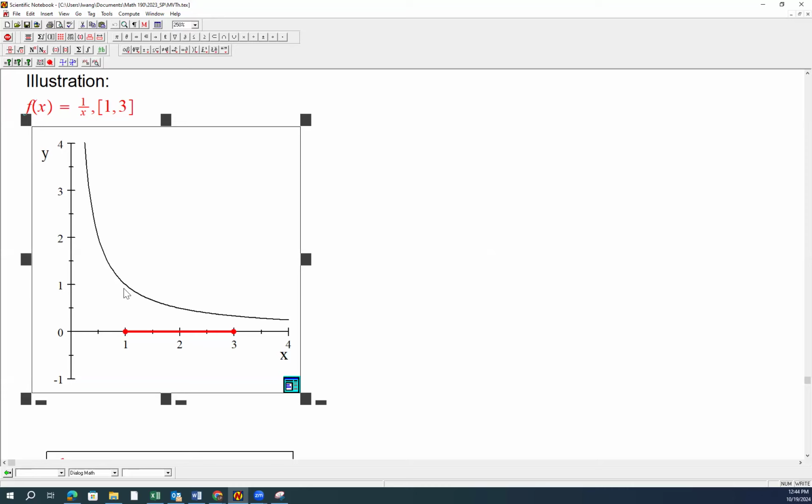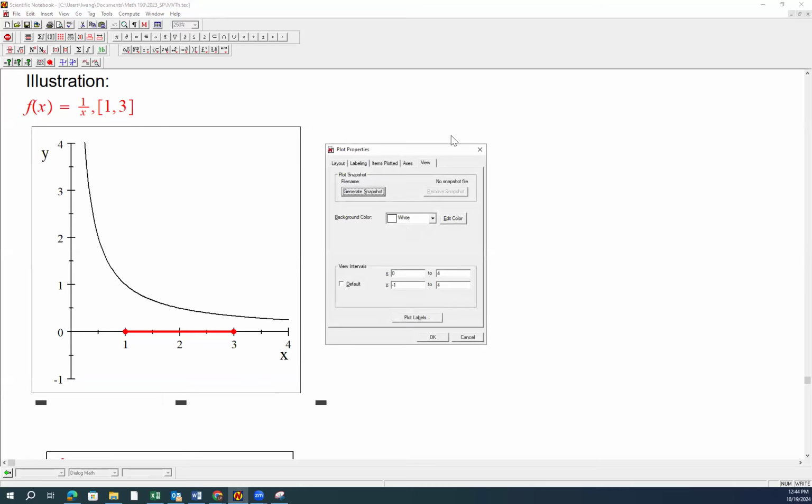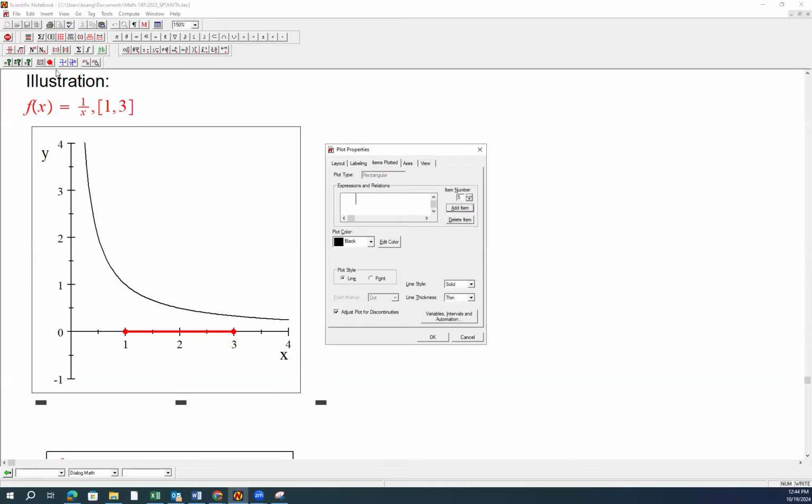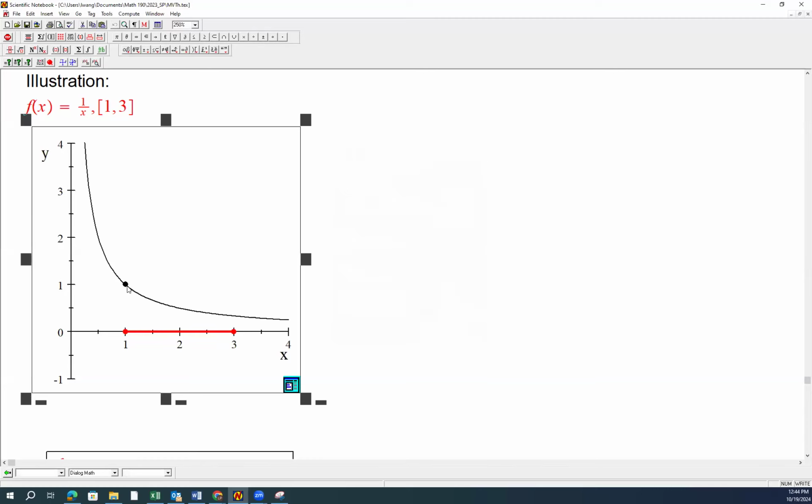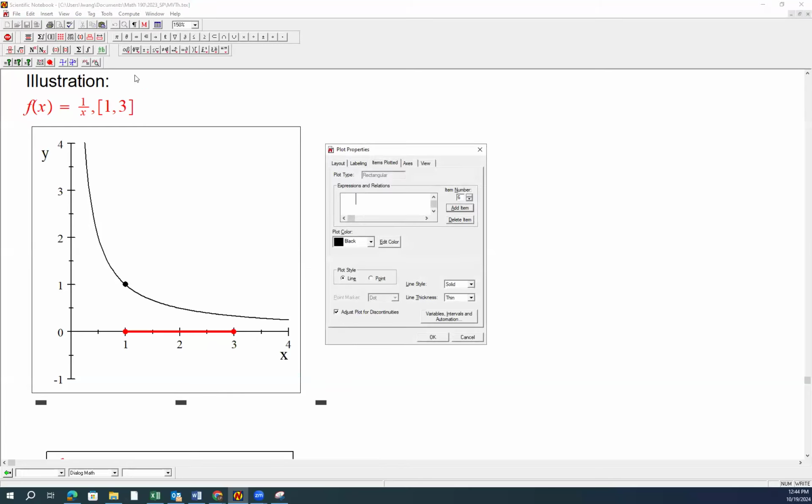And this point is 1, 1. Okay, at the end point, when a equals 1, f of 1 equals 1, so that dot is right there. And the other dot, at the other end point, which is 3, 1/3.